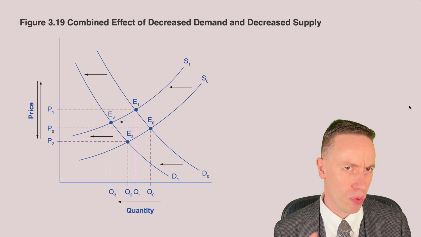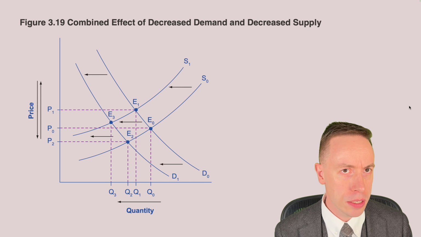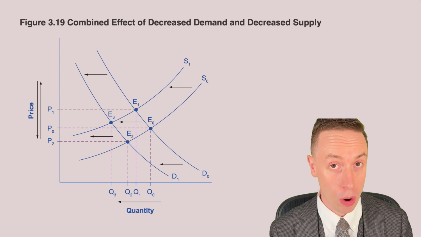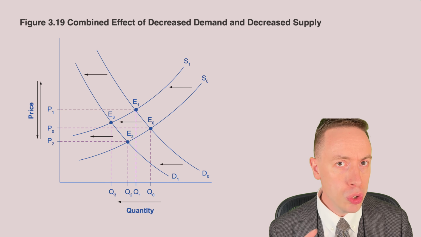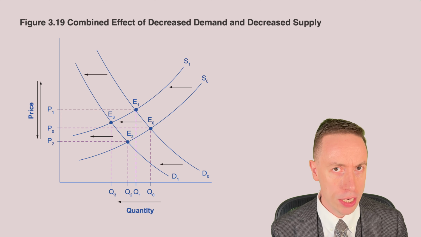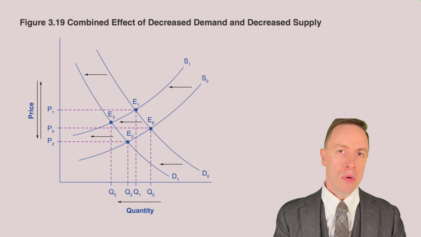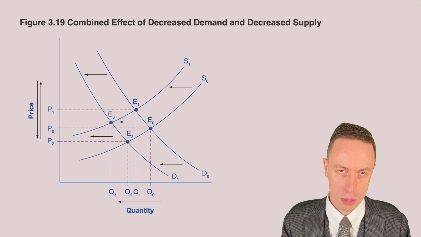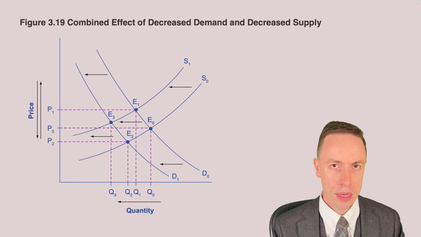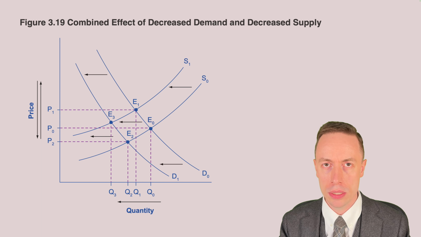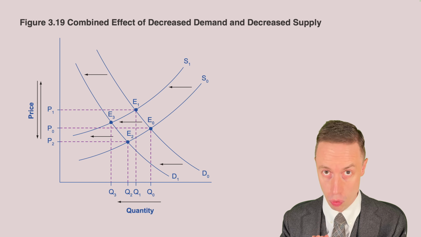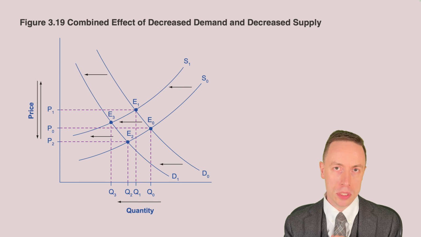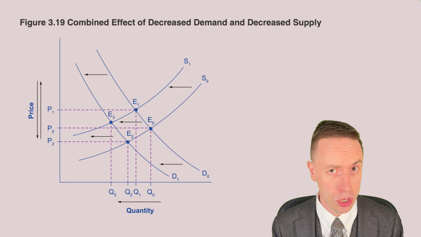But if this is just a graph where we're discussing this in the abstract, hey, supply moves left, demand moves left, we don't know how much, then you wouldn't know which effect is stronger, price up or price down. Which means part of the art of using the model of demand and supply here is to be able to distinguish between what we can make a strong prediction on and where we have to say, well, in the absence of magnitude information, we are uncertain here.